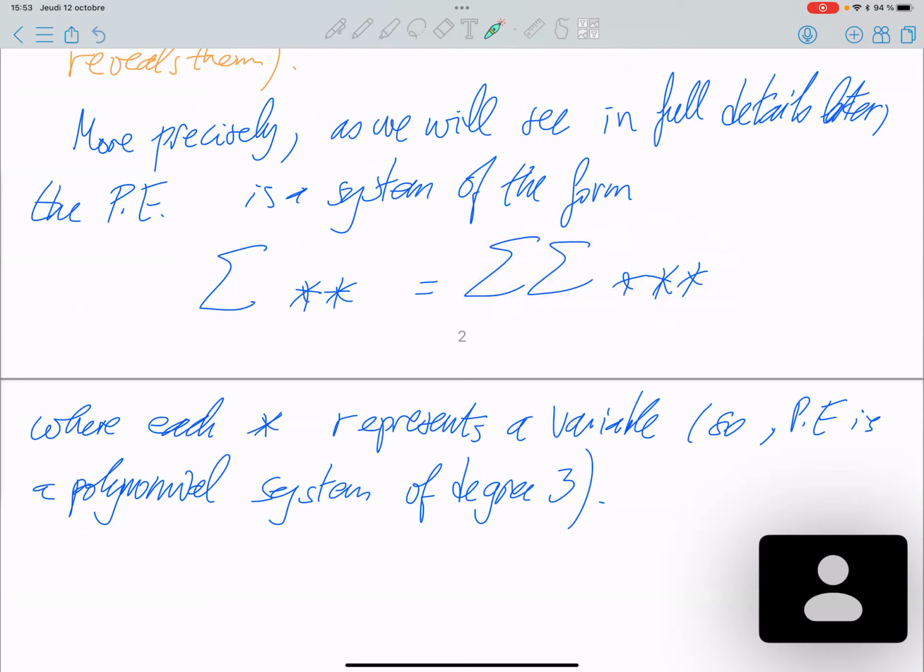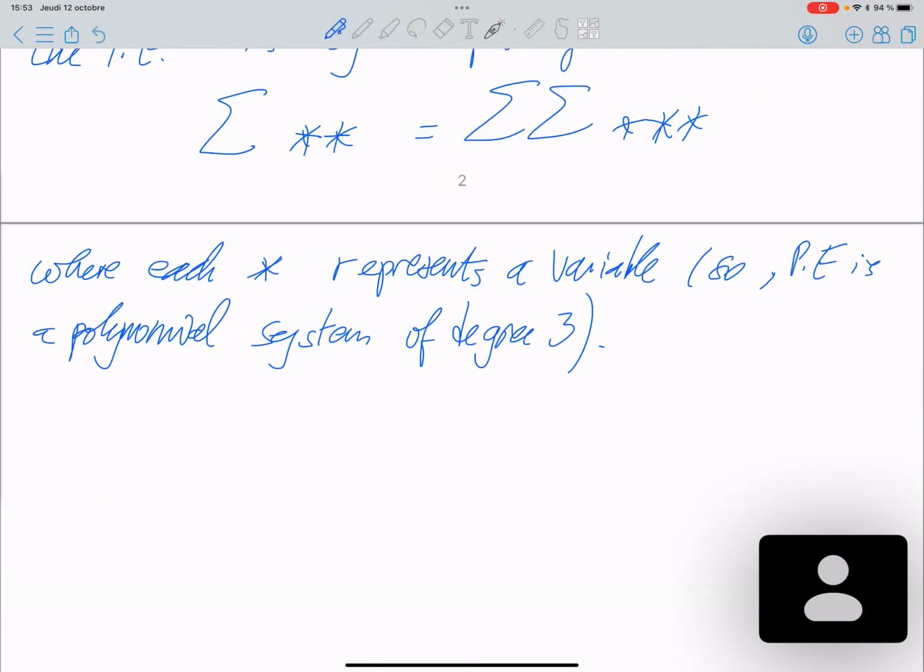Here you have a double sum because we will sum over object and morphism, whereas here we only sum over object. But I don't go into the details right now.